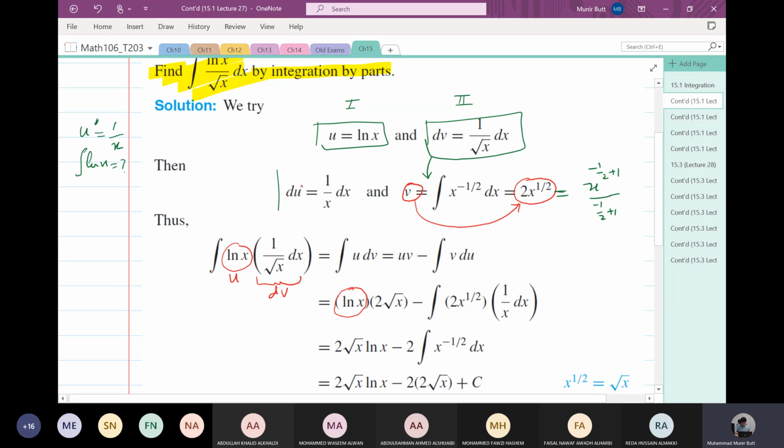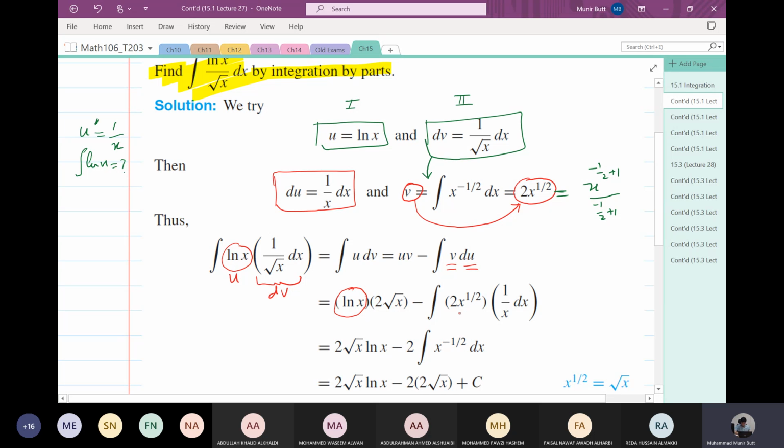And this is what your uv is now. I'm just changing the color so that it's easy to highlight. And then you will see v du. So what was v? 2x to the power 1 by 2. And what was du? 1 over x dx.